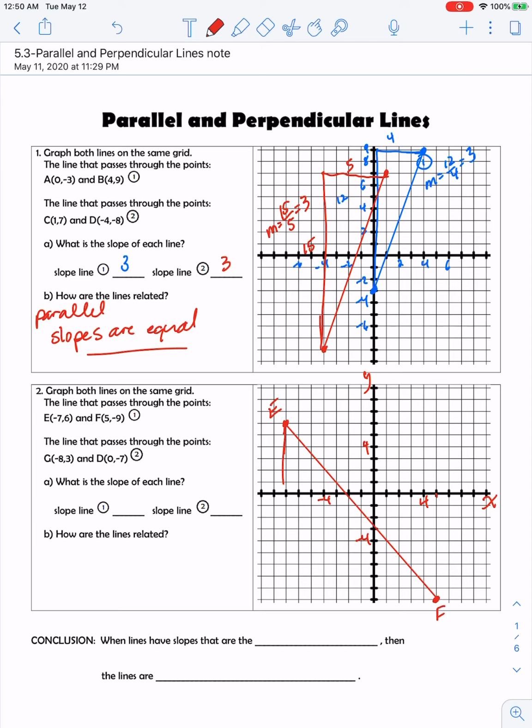Okay, slope of this line. Let's see. We've got -7 minus 3 over 0 plus 8. It's -10 over 8. That's -5 over 4.